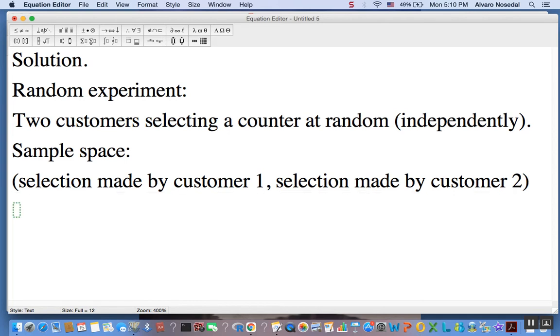We could use the Greek letter uppercase omega to denote the sample space.